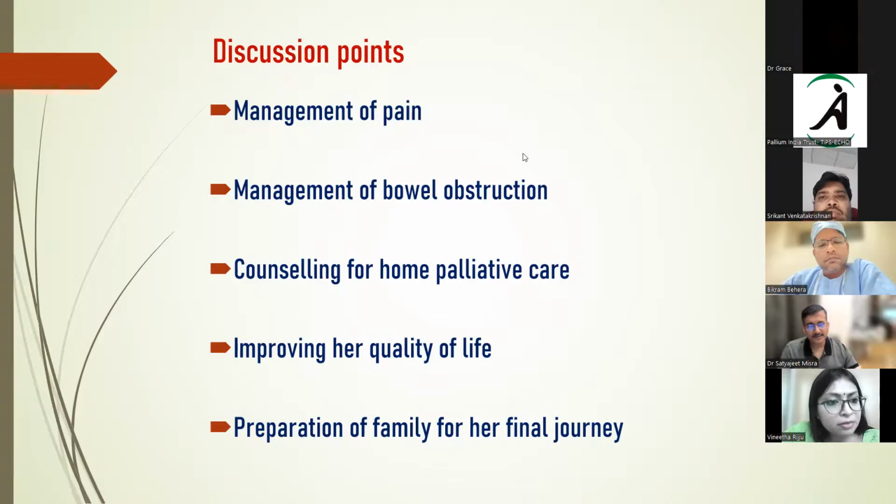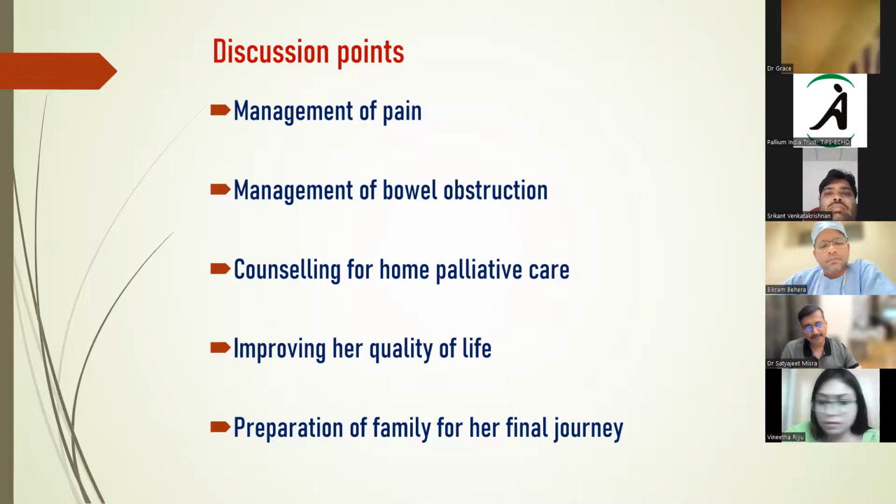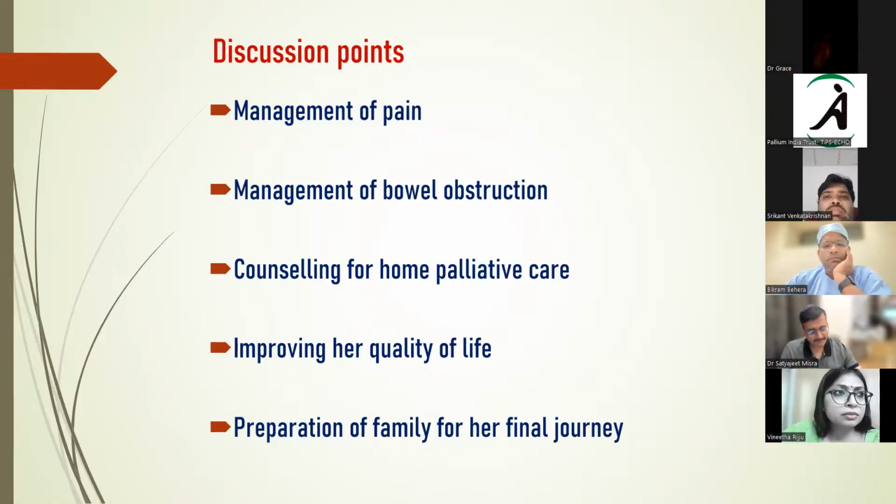And there were no provocative or palliative factors. It was not relieved. It was more or less continuous. There was nothing that was bringing on the pain. It was spontaneous in onset. And the duration was, like I said, the pain was there for the past few days. But the patient said that she had continuous pain despite the treatment.